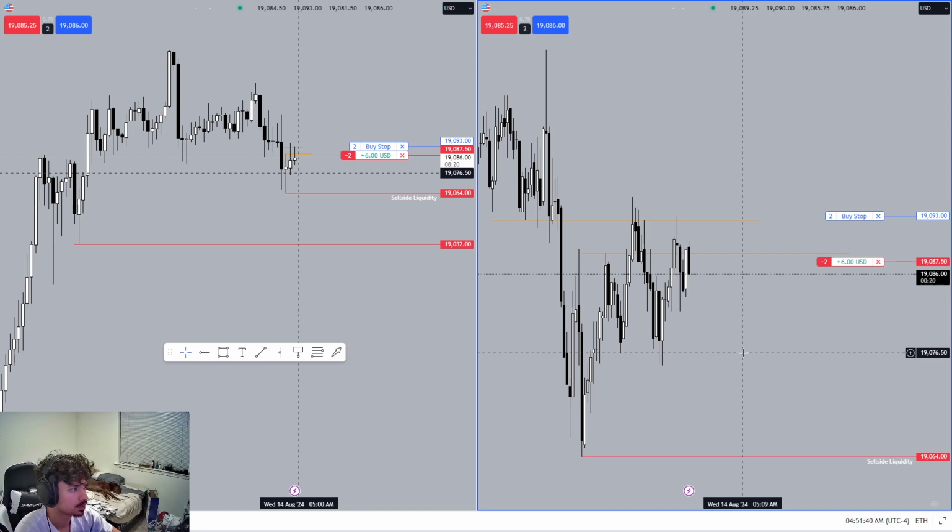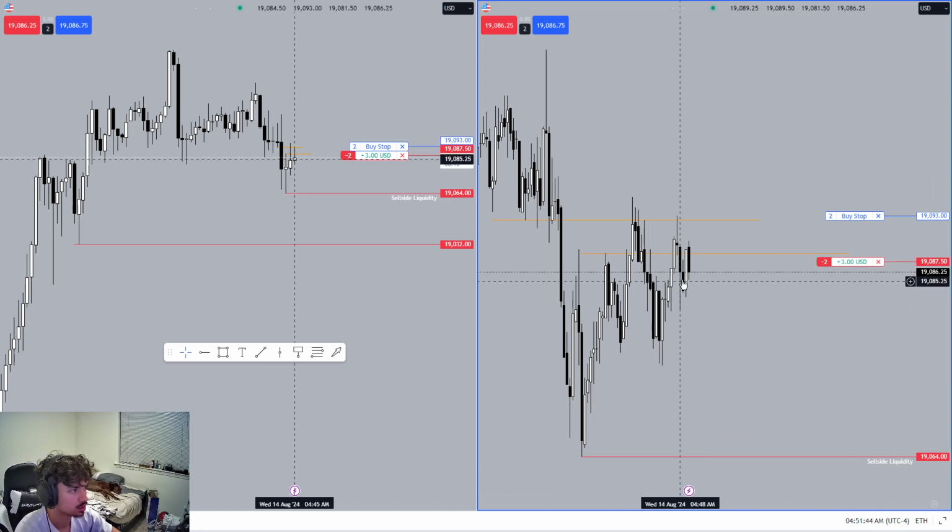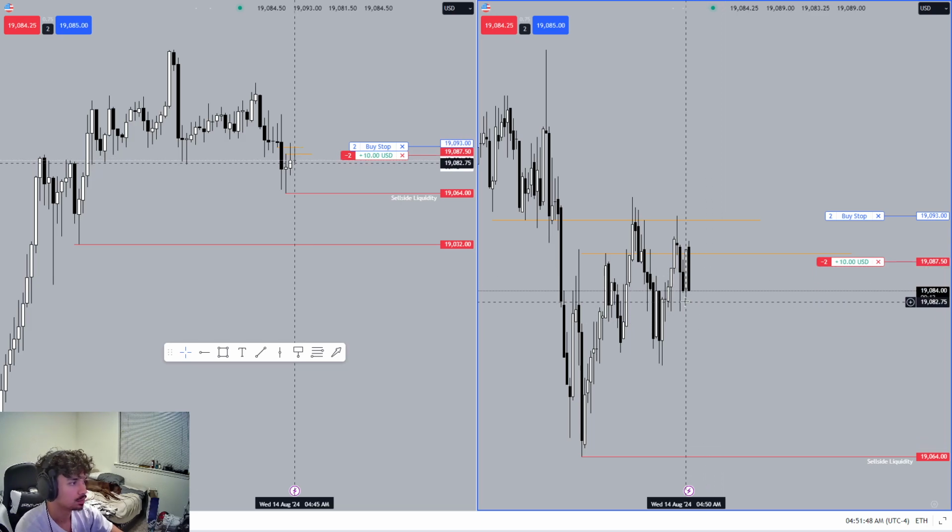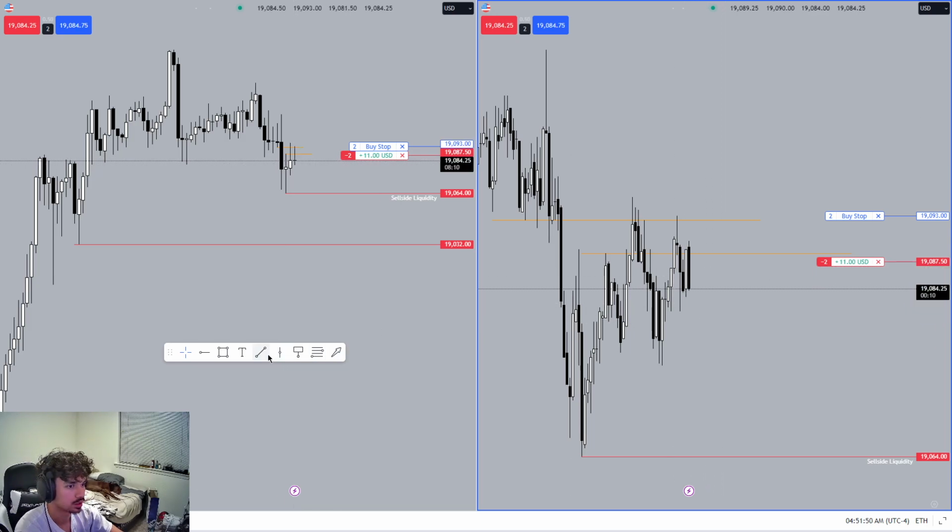5 o'clock is coming in 10 minutes, so that's what I'm talking about. That's what I want to see happen. It'd be even better if we close underneath this candle's low right here.